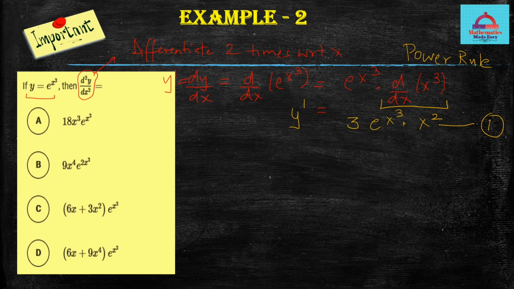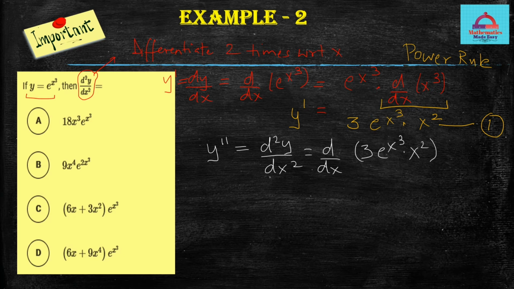Now we are going to continue this process so that we get the second order derivative. So now we are differentiating one more time to get d square y by dx square. So d by dx of the first derivative. Now if you observe the first derivative carefully, here your 3 is just a constant.